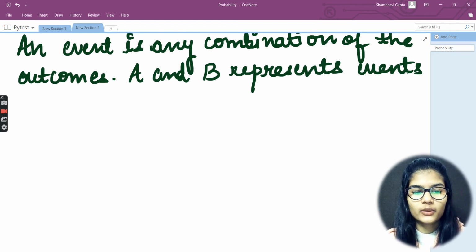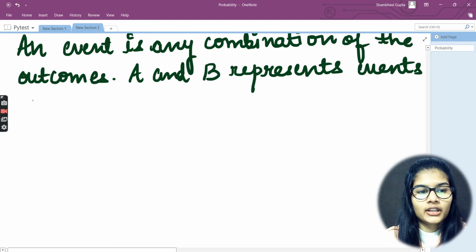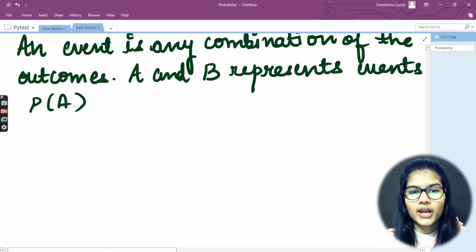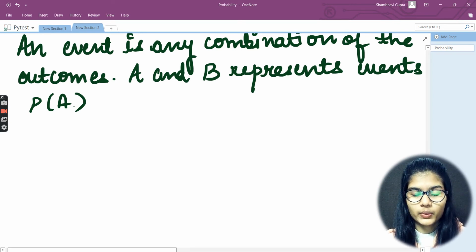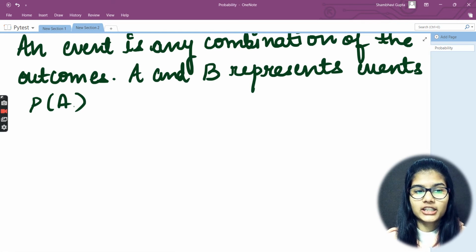The probability for an event A is written as P, then put the brackets, and inside the brackets you put the event for which you want the probability, so P(A). This is how you describe an event, how you represent an event, and how you write the probability of an event. Hope I am pretty clear on this.